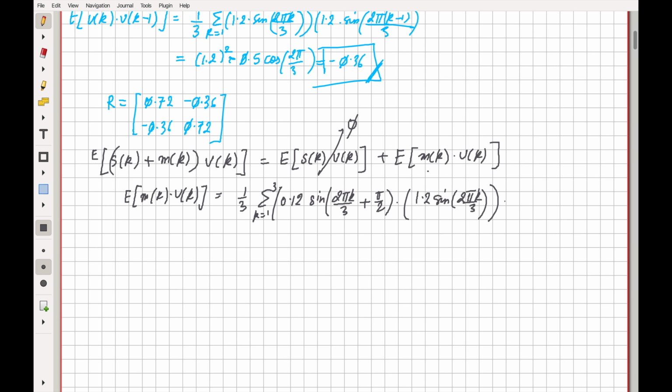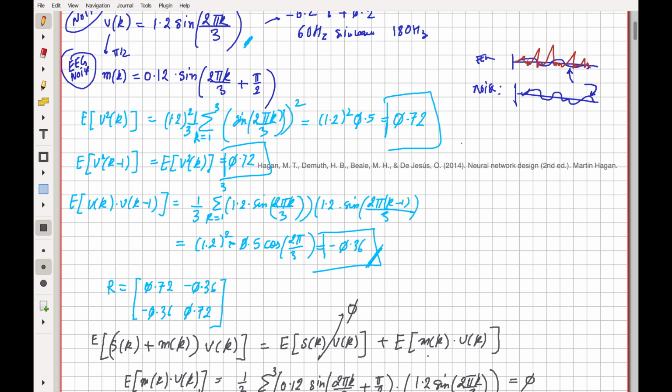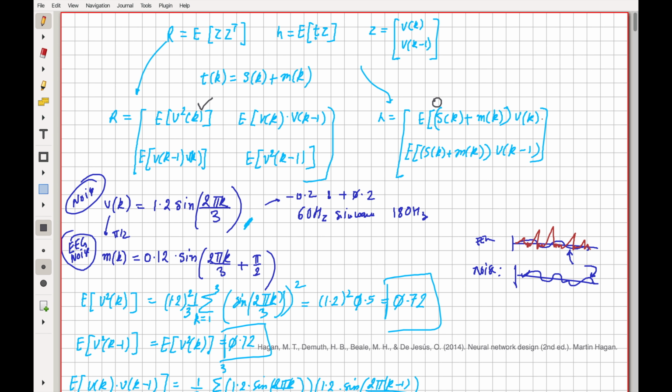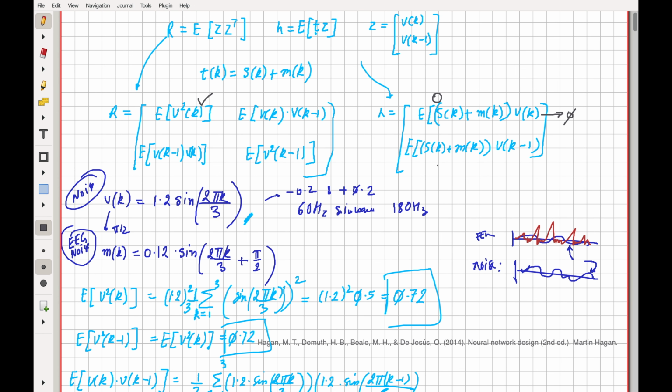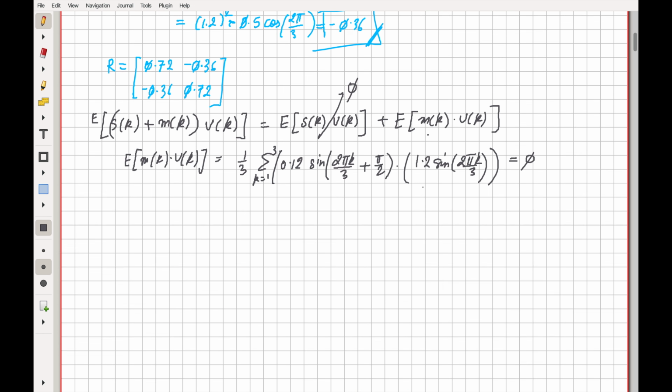If you solve this, this also goes to 0, and therefore the first element in our h vector is just 0. Now let's look at the second element, where we are using this k minus 1.